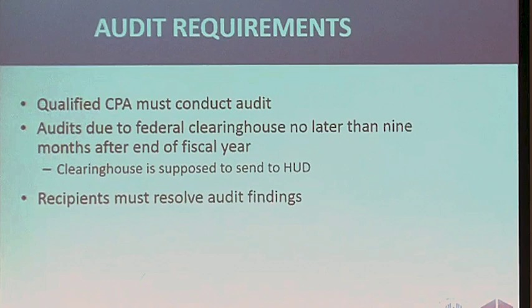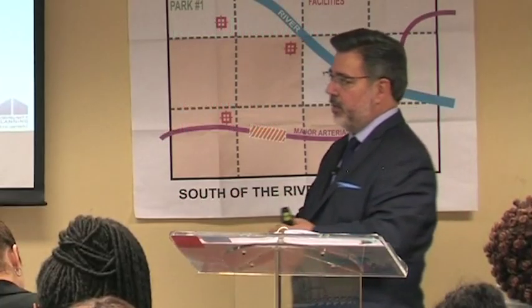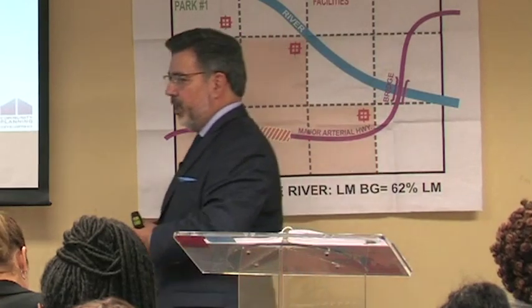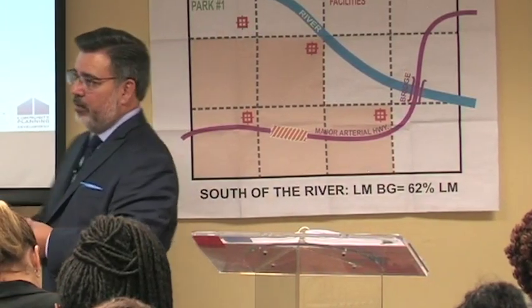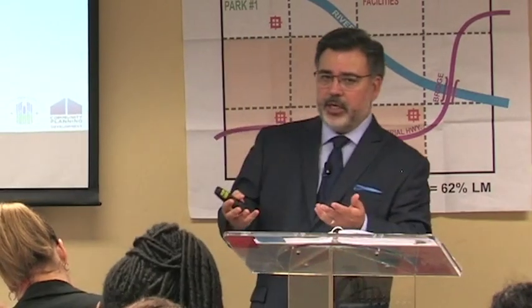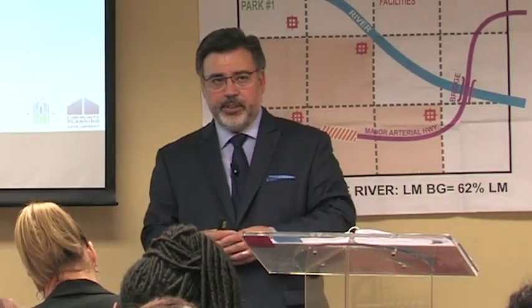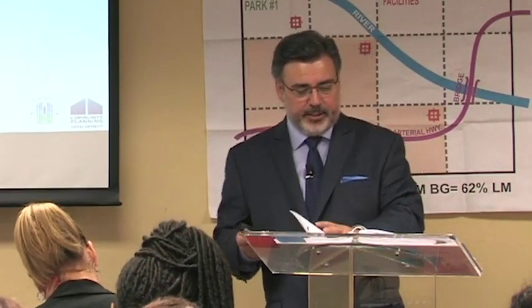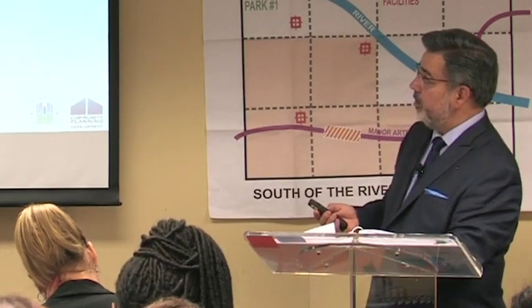And then the clearinghouse is supposed to send it to HUD. Okay? If you go out and monitor a subrecipient and there are findings in their single audit, they need to respond to that. That's part of your monitoring as well. Okay? If you have findings, you must resolve those findings as well. So the obligation is not only you, but subrecipients that provide services to your organization.